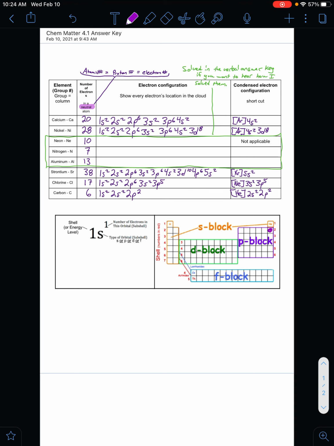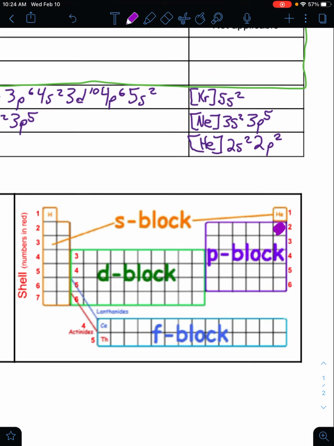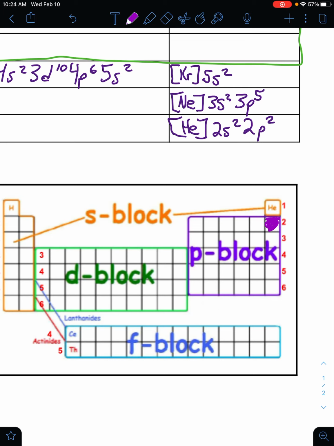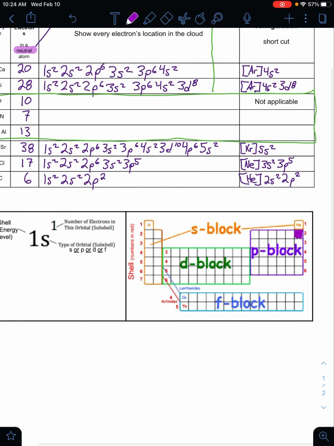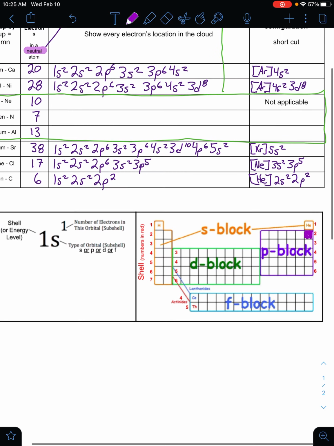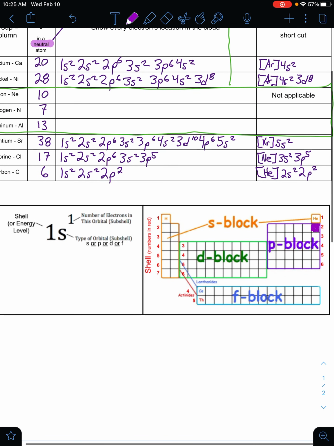Neon is right there if you're looking down here. All right, that's neon. So we read this like we would a book, going from left to right, top to bottom, and assign electrons as we go. Each one of these little three-parters is, I think of as like a zip code.